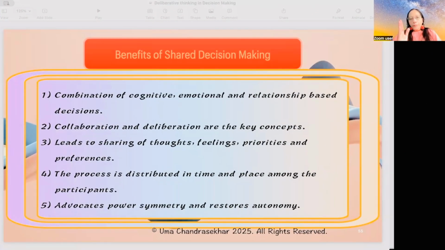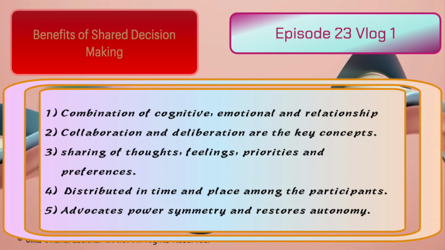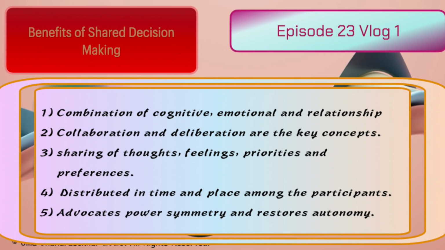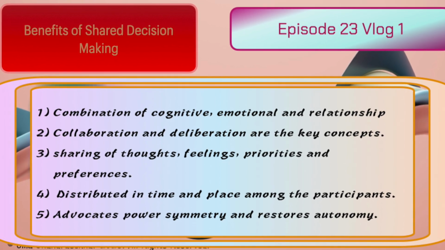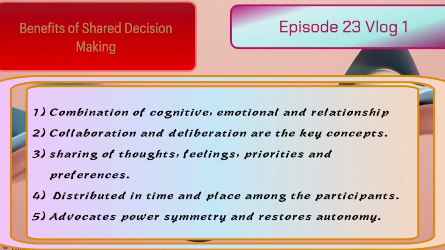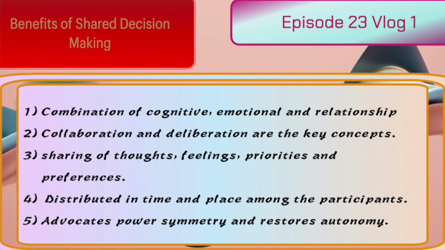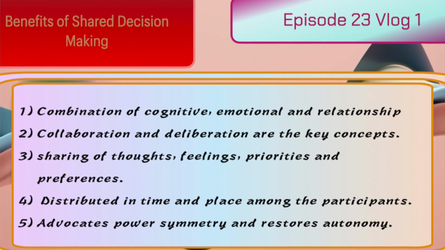The whole process of making decisions is distributed in time and place among the decision-making group and promotes power symmetry and autonomy. The name shared decision making highlights the sharing of thoughts, feelings, priorities, and preferences among the decision makers, thus emphasizing the foundational aspects of the process.